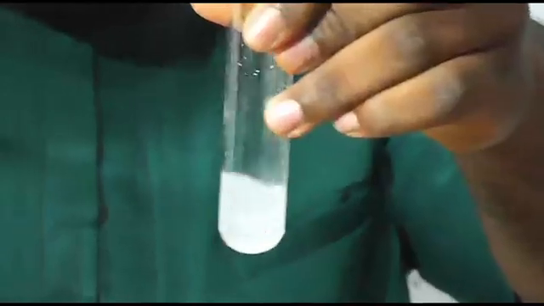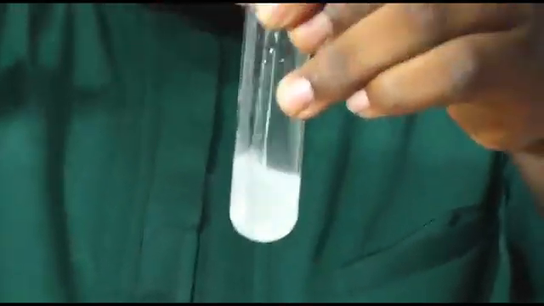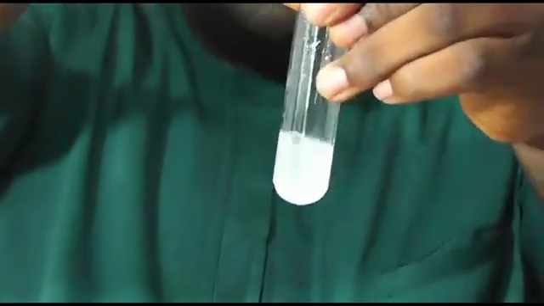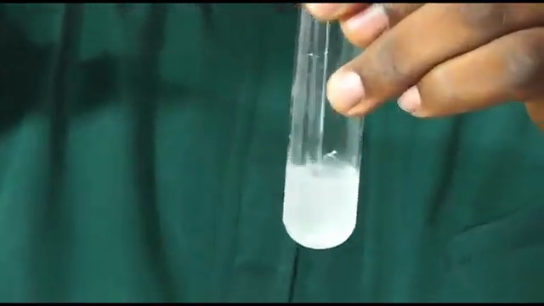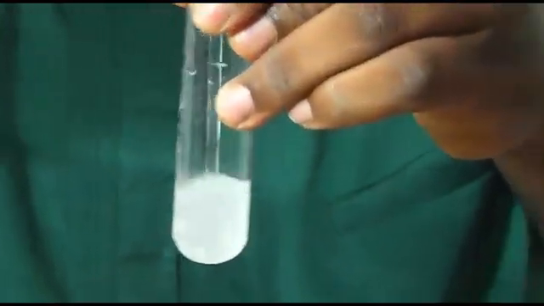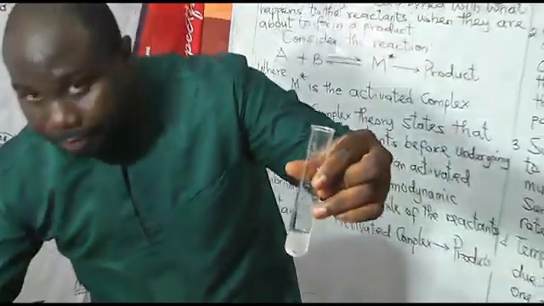So this tells you that the larger the surface area, the faster is the rate of chemical reaction. And the lower the surface area, the slower is the rate of chemical reaction.